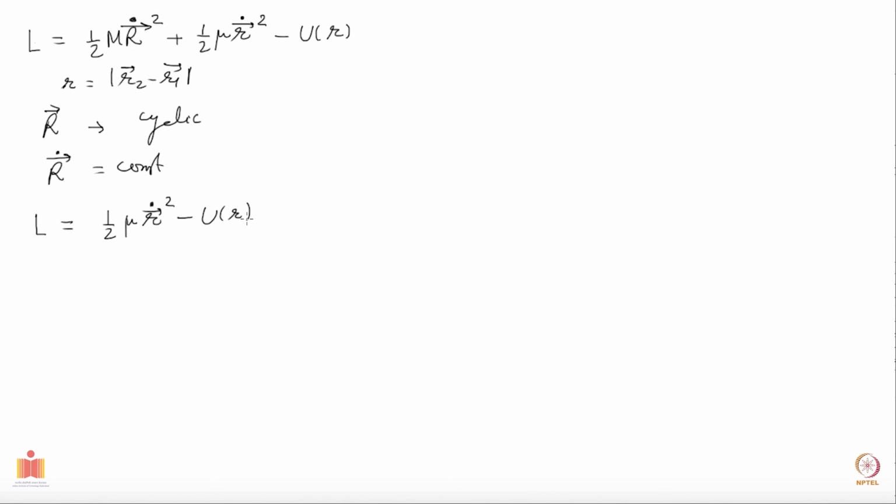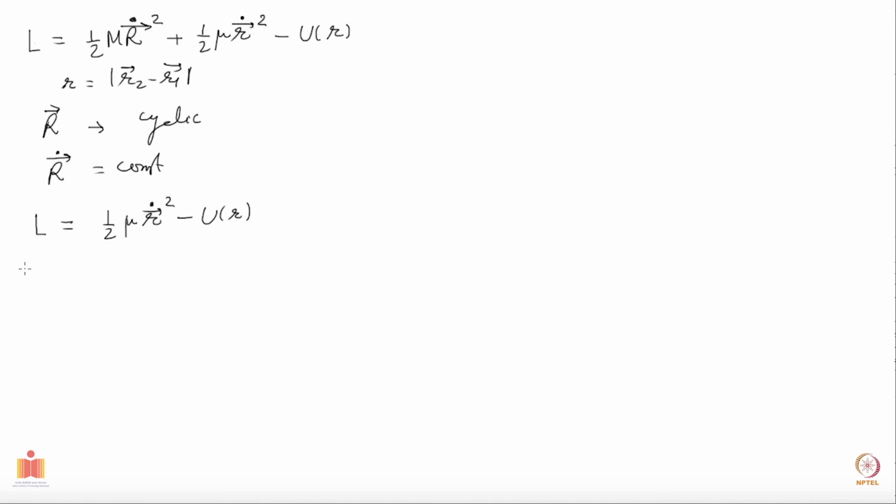Now you see this is very nice because this looks like, not just like, it is exactly of the same form as that of a particle of mass mu which is moving in a potential field given by U of r, a central potential field.